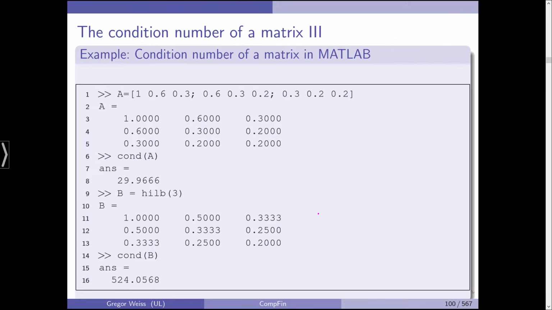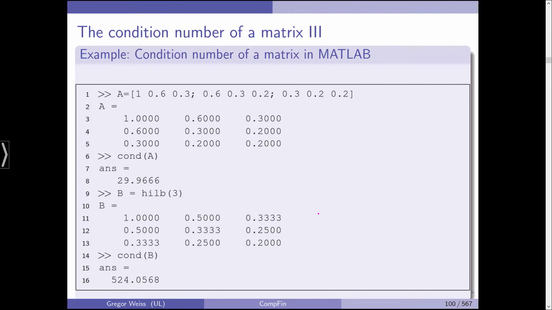So this is an example in MATLAB. We have a very simple matrix A, 1, 0.6, 0.3, 0.6, 0.3, 0.2, and so on. The condition number in this case is 29.9666. If we were to use a very simple 3 times 3 Hilbert matrix, which is 1, 0.5, 1/3, 1/2, 1/3, 1/4, etc., you can see the condition number of this second matrix B is much, much larger.